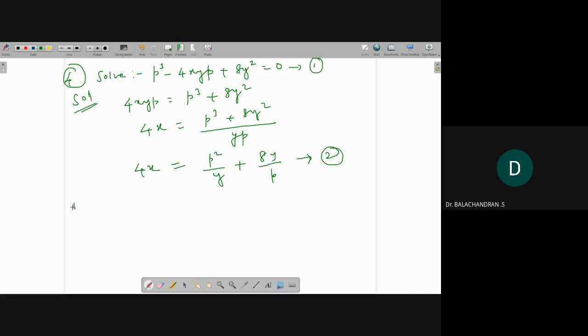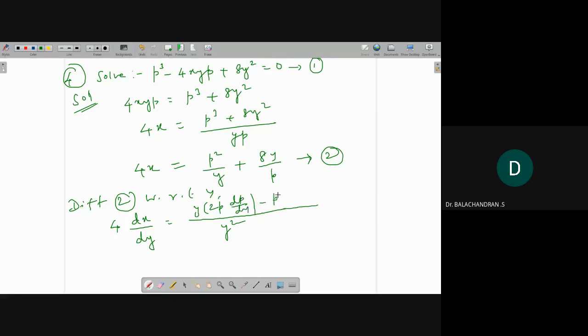So differentiate 2 with respect to y, you will get 4 into dx by dy. So u by v method, y square into 2p into dp by dy minus p square into 1.